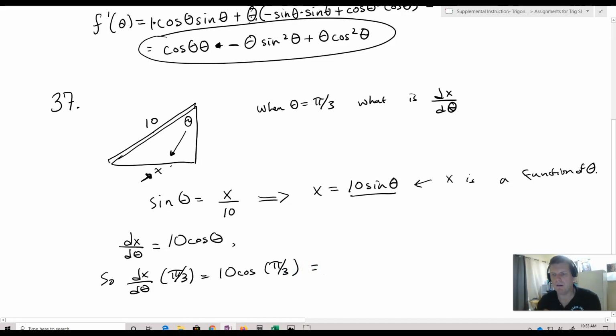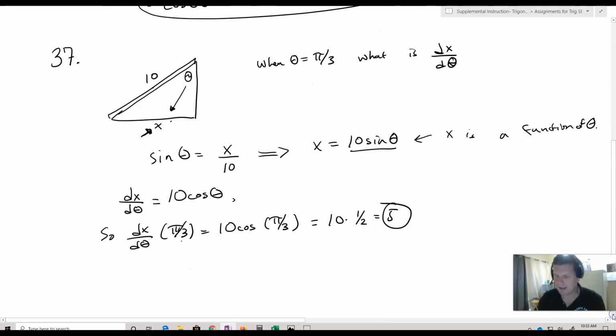Now cosine of pi over 3 is 1/2. So it's 10 times 1/2, which equals 5. So that is how fast x is changing with respect to the change in theta when theta is equal to pi over 3. Okay, cool.